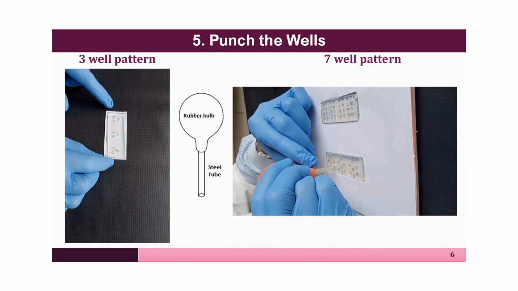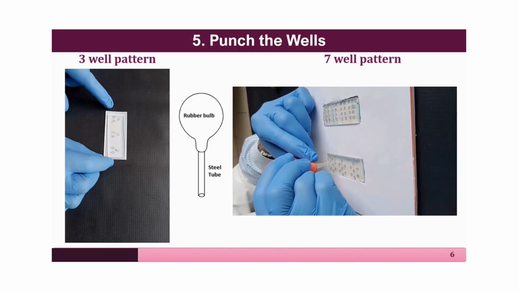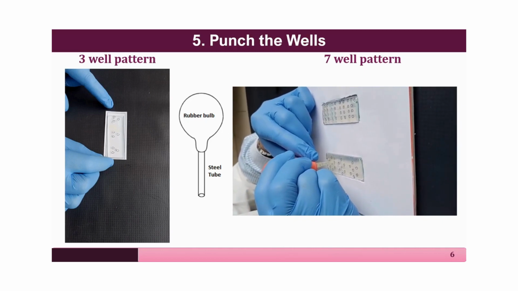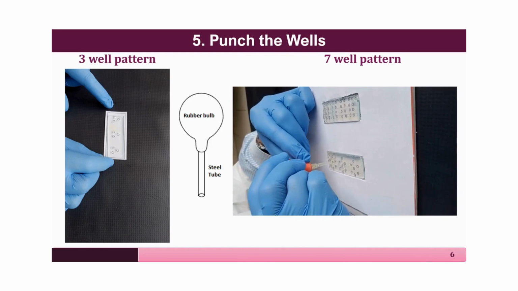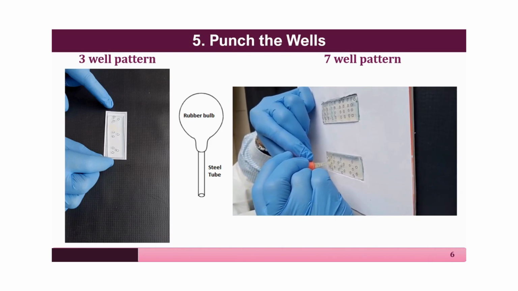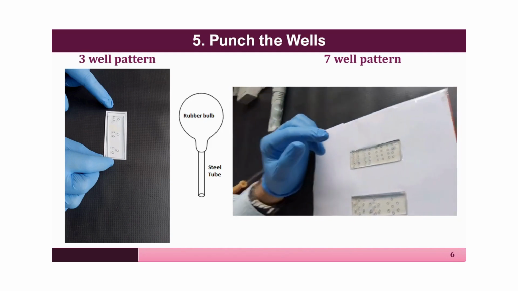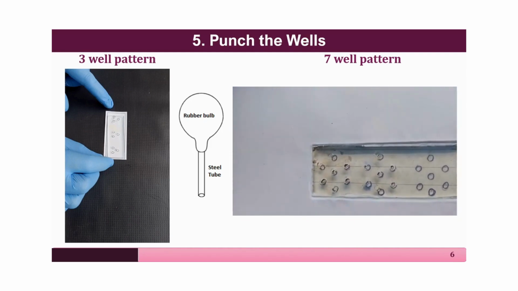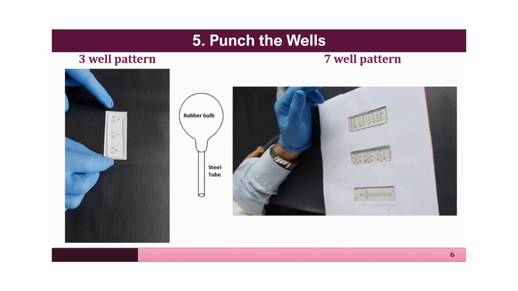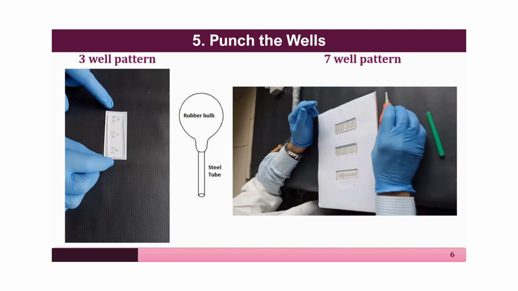So same way, after punching the agarose, by gently pressing the tip of the punch onto the agarose, you can suck off the agarose. It will create the wells of about 3 millimeter diameter.